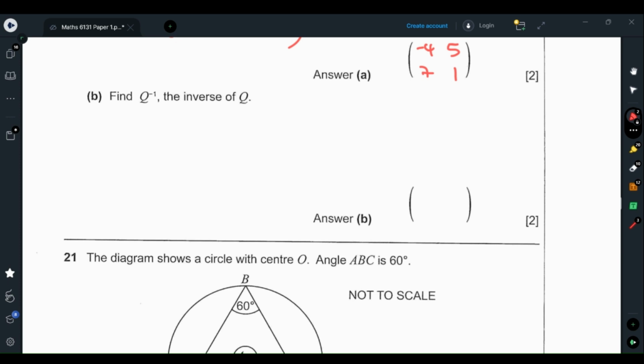Right, find the inverse of Q. It's a 2 by 2 matrix, so there's a formula to do that.